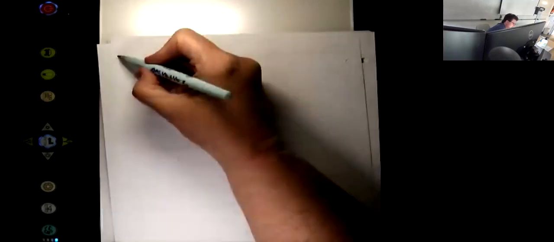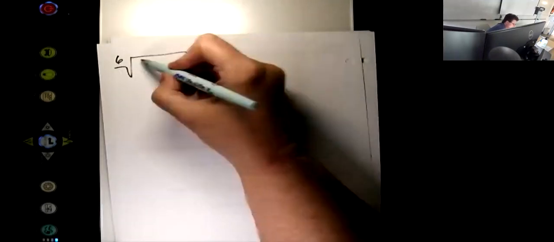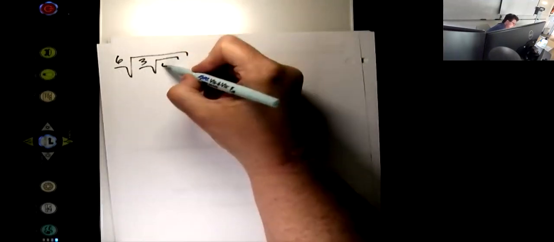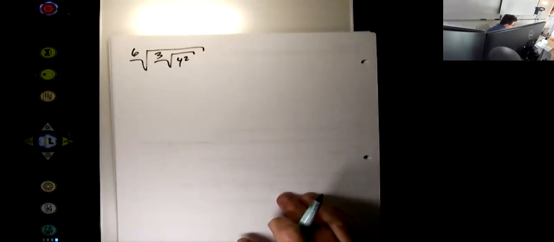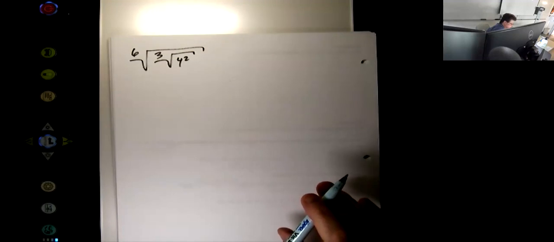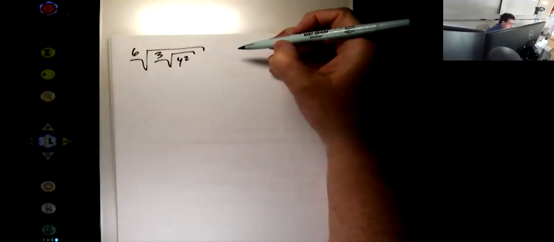Let's take a look at the 6th root of the cube root of 4 squared. I think this is ultimately easier by turning this into exponents.